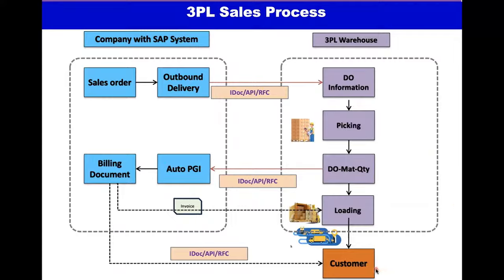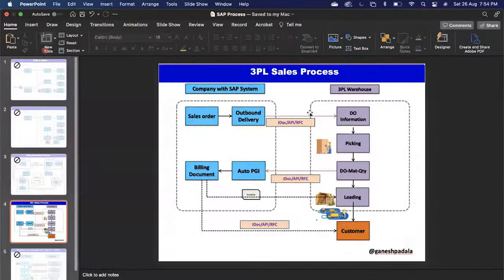So the physical goods will be sent to the customer, and the IDOC, the EDI information, we are going to send via EDI or API, however we are going to send it, it will be sent to the customer, and physical copies will be given. Okay. So let me just show something.